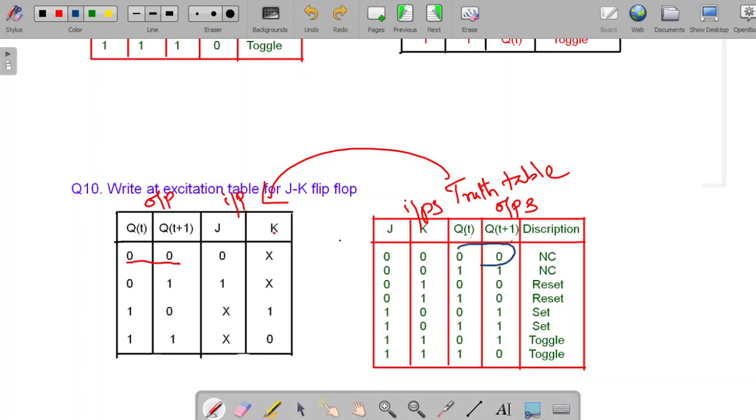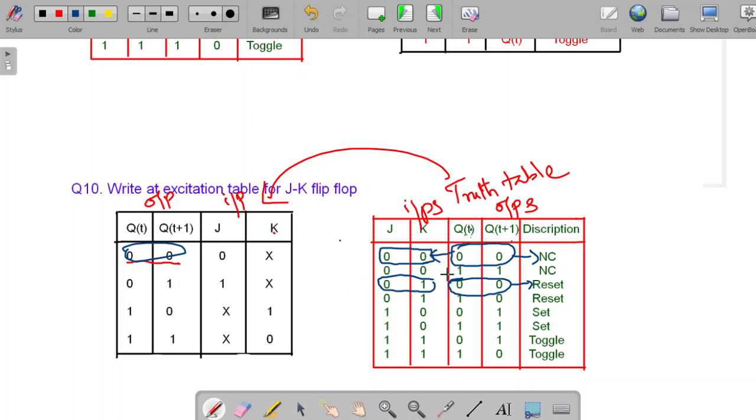This is the 0 0 combination, Q(t) and Q(t+1). Okay, this is what we are checking. And one more condition is also there, the same thing, 0 and 0. That corresponds to the no change condition. Here it corresponds to the reset condition. That means you can check here, the input is 0 0 or the combination is 0 1.